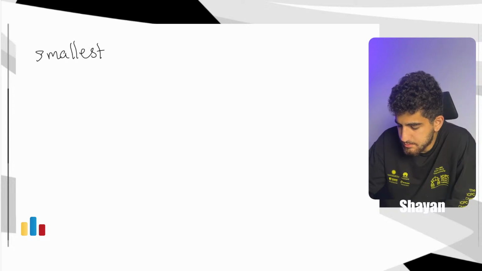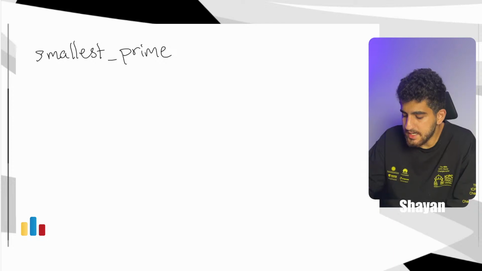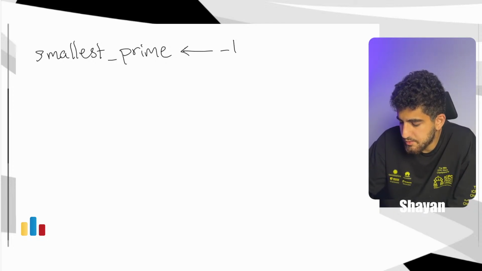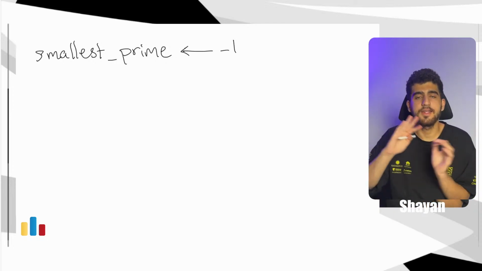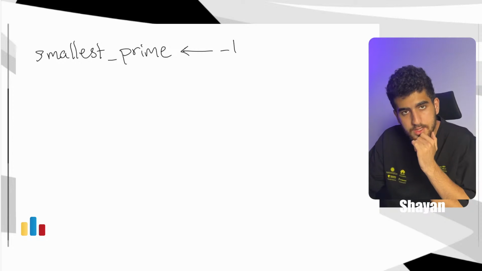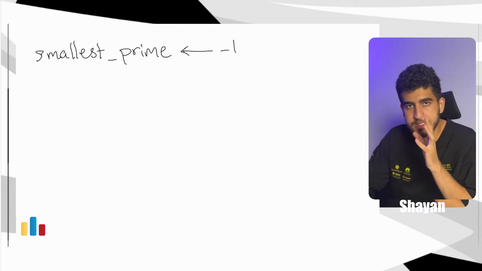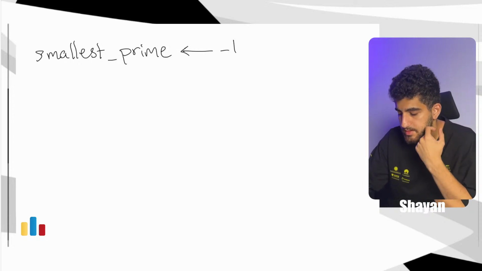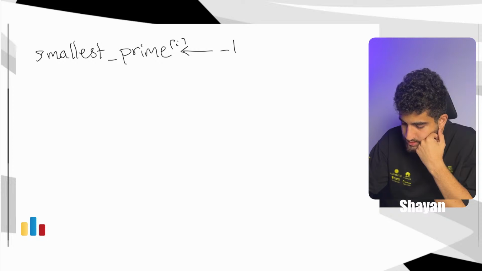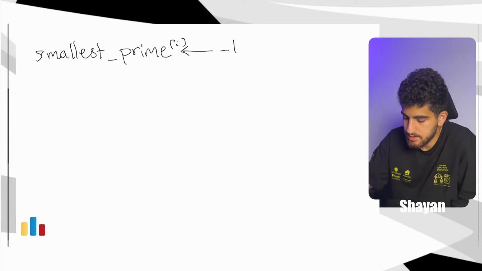Initially, you set it equal to -1 for everything, since so far there is no prime number that divides this number. For each i, you've initially set it to -1.